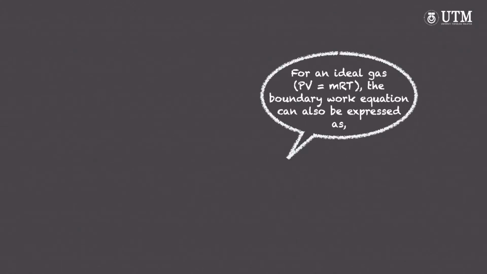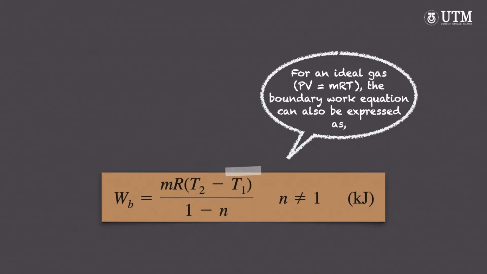For an ideal gas, the boundary work equation can also be expressed in the given form, since PV = mRT.